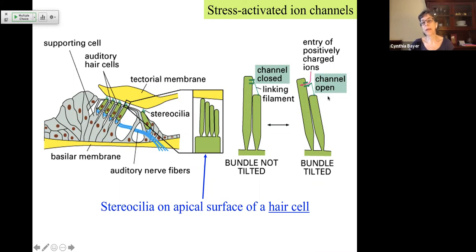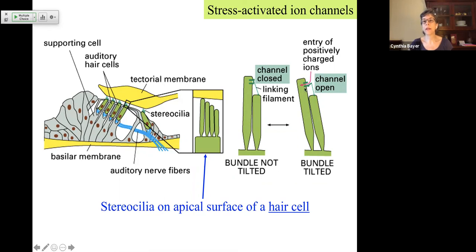And it's this repeated closing and opening of these ion channels that are due to the pressure waves moving through the fluid that are due to the sound waves that have entered the outer ear that causes a change in the membrane potential of the hair cells.